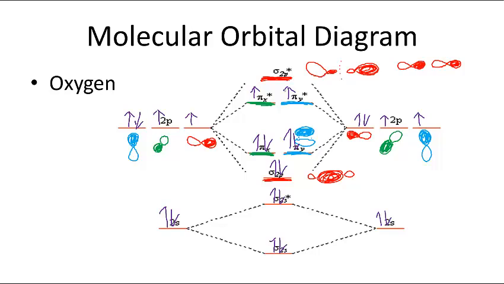All right, so the question is, how does this relate to the Lewis structure of O2? The Lewis structure for O2 that we usually draw looks like this. It's got a double bond between the 2. And we can see what we call the bond order, which is how many bonds there are. Bond order you can calculate by taking the number of bonding electrons minus the number of antibonding electrons and then dividing by 2.